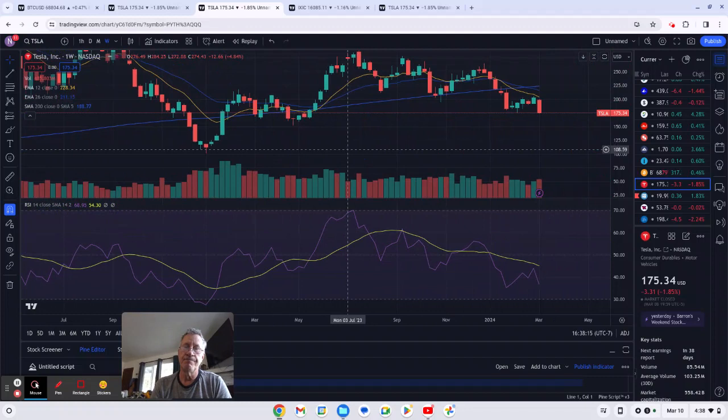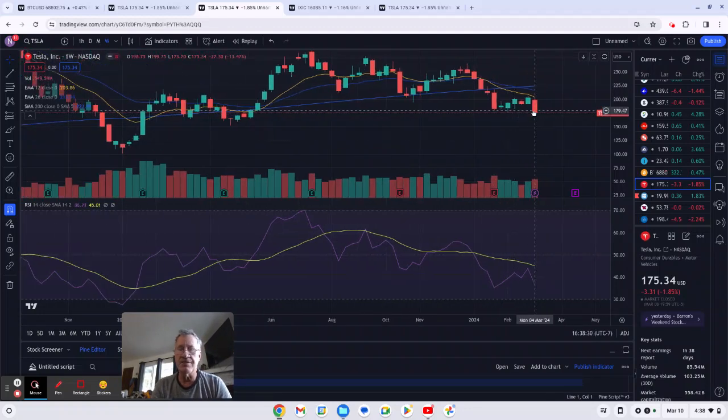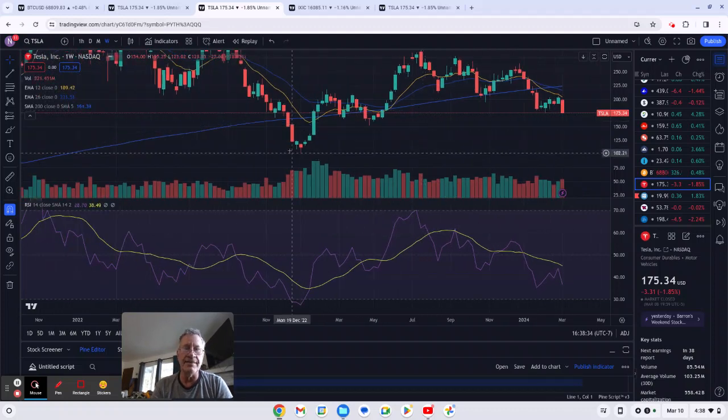But again, the way I like to look at things now is I like to look at how the candles appear on the daily chart and on the weekly chart. So if I just go by appearance, this is telling me it wants to go lower. If I look at this area here, you have this week and you have this week.